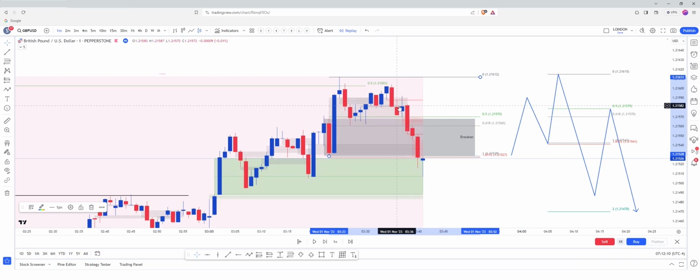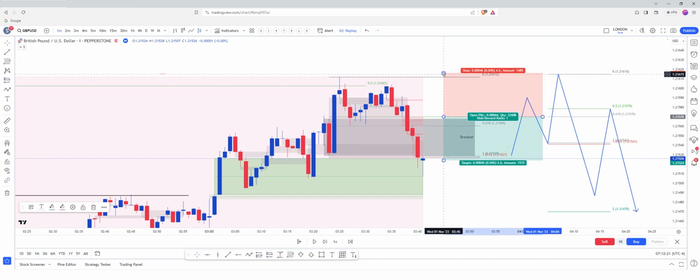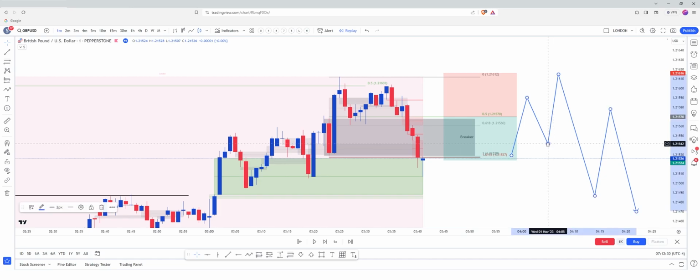It will mean wicking through the breaker block, but it would give me a much better risk to reward. So I was looking at taking my short position from there, leaving the stop loss just a couple of points above the high. So I've got my stop loss down to 4.6, which is much better in my opinion.